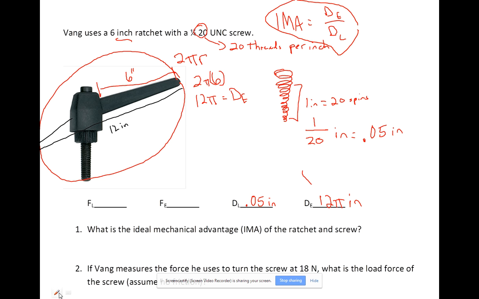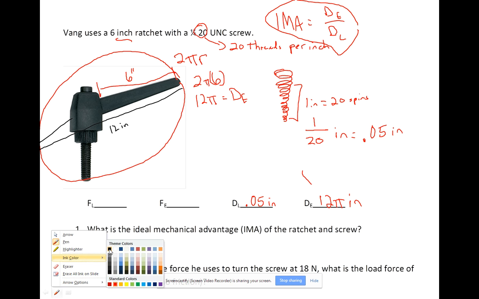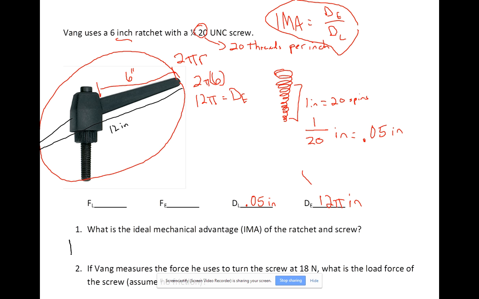We have distance of effort, we have distance of load, and we have our equation right here, right? So let's put that in there. We'll change colors for when we do the actual problem. So IMA is equal to the distance of the effort, as I said, over the distance of the load. Another way of writing that with inputting our numbers would be IMA is equal to 12 pi inches over 0.05 inches. Now, 12 pi is kind of unwieldy, so we'll turn it into a decimal.